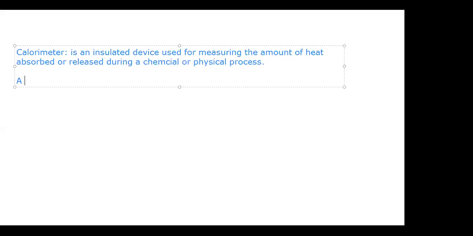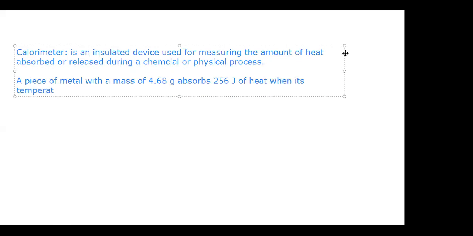So if we have a piece of metal with a mass of 4.68 grams that absorbs 256 joules of heat when its temperature increases 182 degrees Celsius. What is the specific heat of the metal?